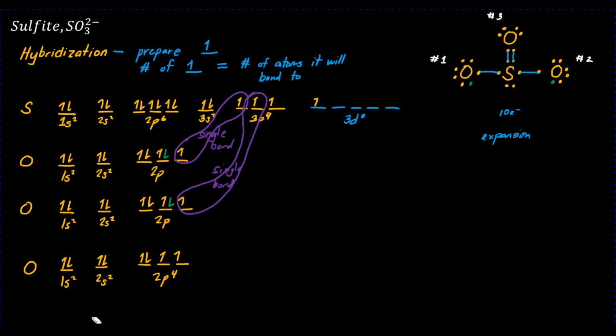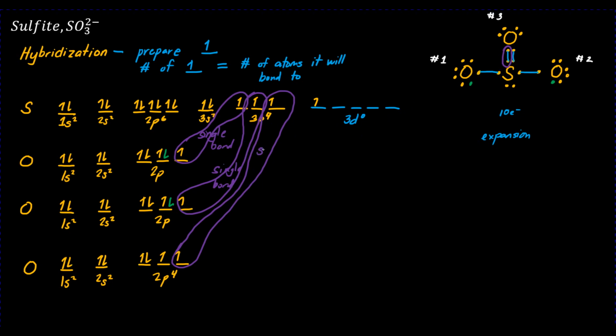For sulfur bonding with oxygen number 3, there's a double bond here. I will first address the first bond. The first bond is just like the other bonds that I talked about earlier. It's along the axis, and this single bond that occurs along the axis has a special name.